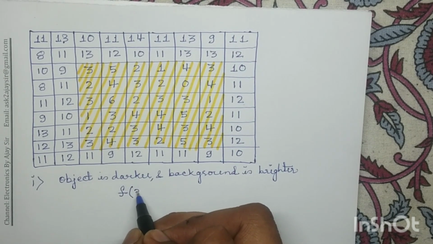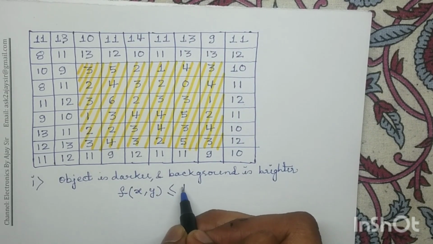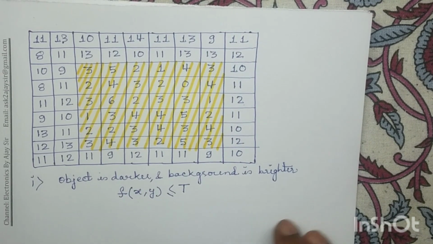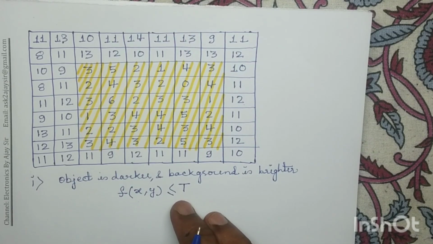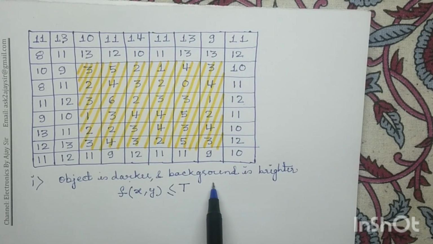The pixel value f(x,y) must be less than or equal to the threshold value T. This is the thresholding condition to identify the object pixel when in the given input image the object is darker and the background is brighter.